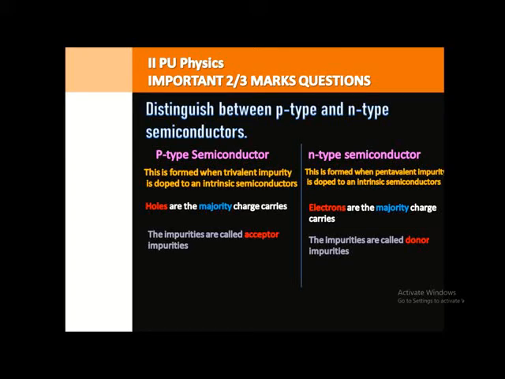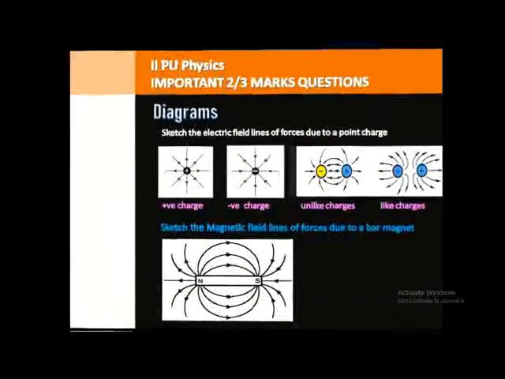In p-type, holes are the majority charge carriers, so positive charge carriers are more. In n-type, electrons are the majority charge carriers, so negative charge carriers are more. In a p-type semiconductor, the impurity atom is called an acceptor impurity. In an n-type semiconductor, the impurity atom is called a donor impurity.